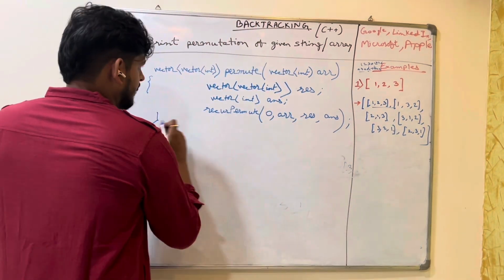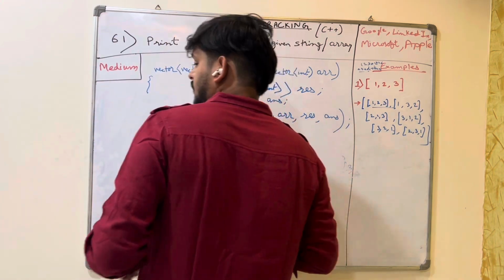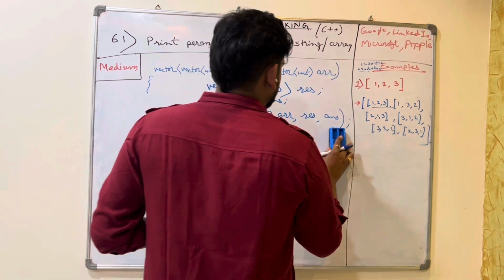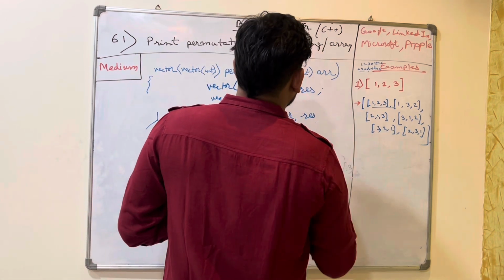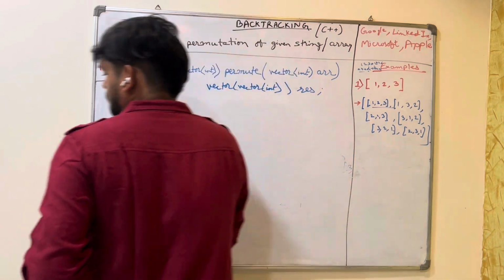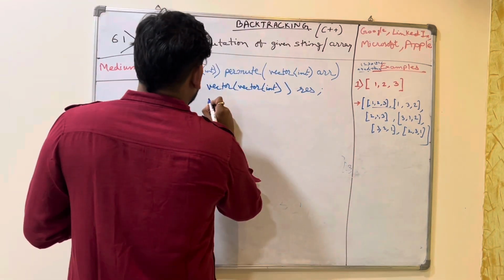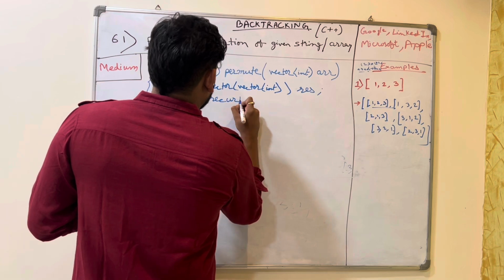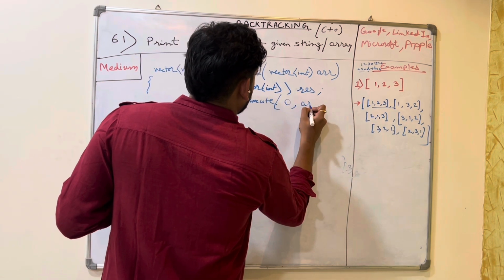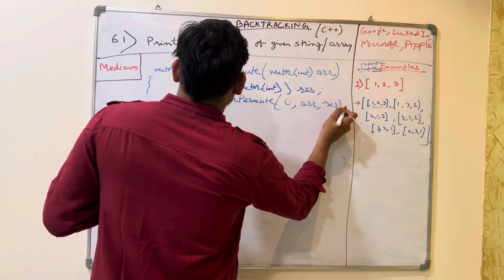Now actually we don't need this answer, right? Because we will just modify the array itself. So probably we don't need this. Let's just call recur permute 0 array result. Okay.